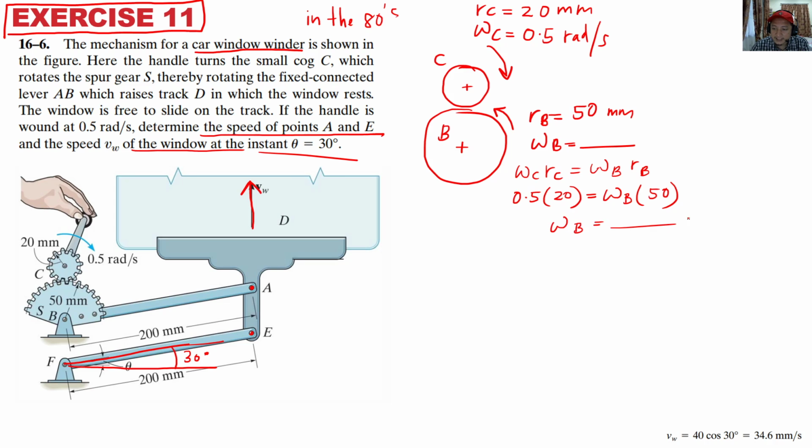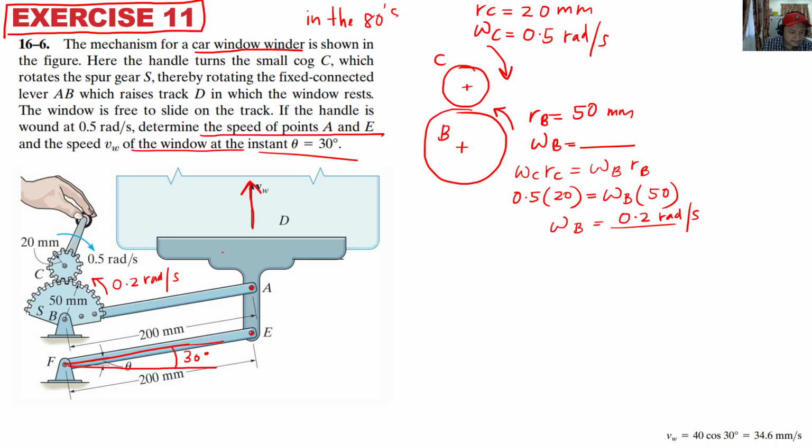So omega B becomes 0.5 times 20 divided by 50, which gives 0.2 radian per second. Is it good or not? Much slower rotation.